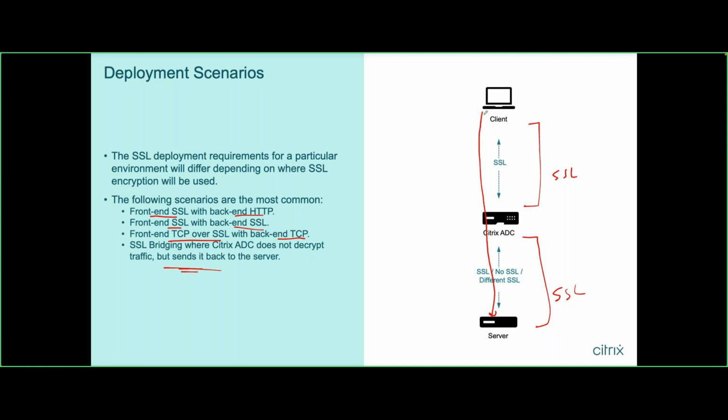But if I am accessing inside through the hostname or IP, I see the internal certificate. That means they have created a policy that says if you're coming from the internal IP, you hit another service that is bound to the internal certificate.